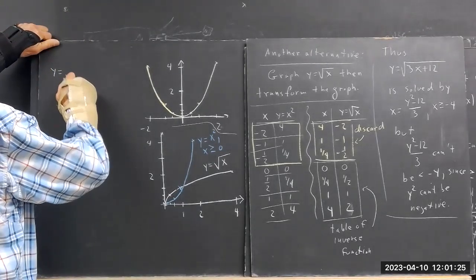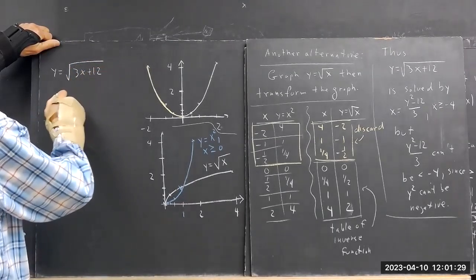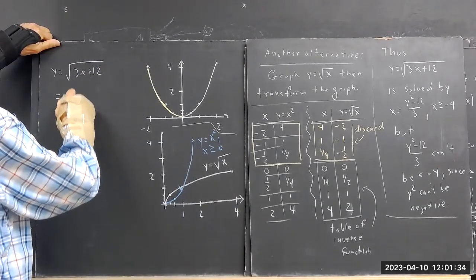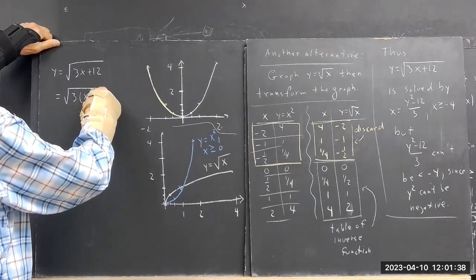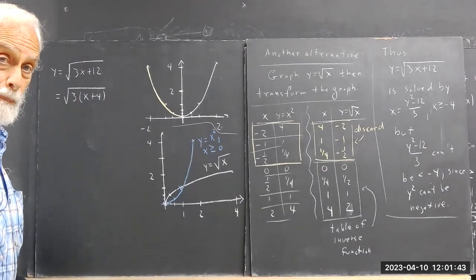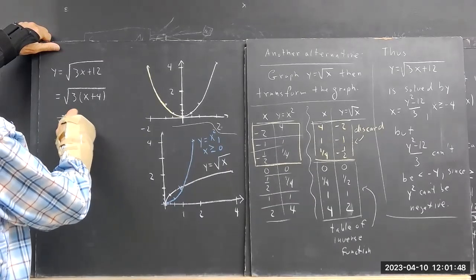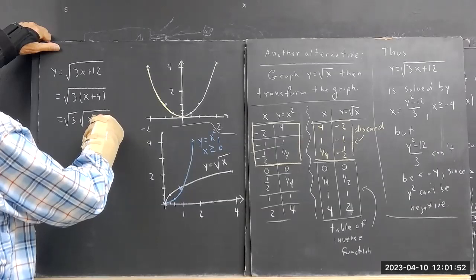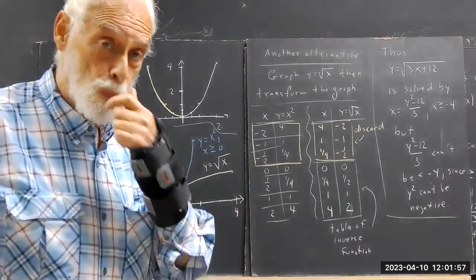Okay, so we've got y equals the square root of 3x plus 12. That's 3 times the square root of x plus 4. Well, that's the square root of 3 times the square root of x plus 4.